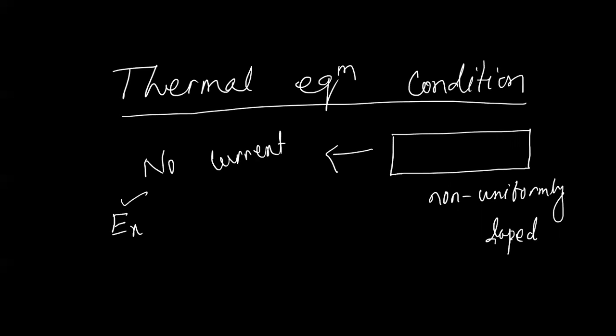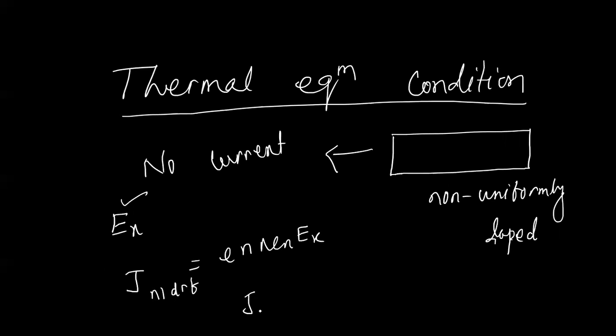Carrier drift. If you write the carrier drift of electrons, Jn drift, with drf for drift and n for electron, we got E n mu n Ex, right?